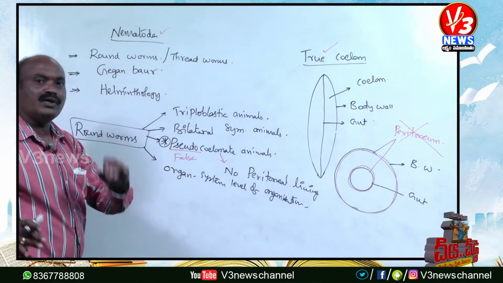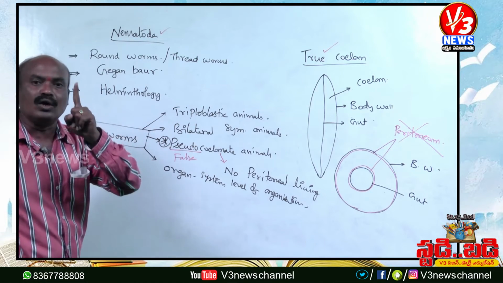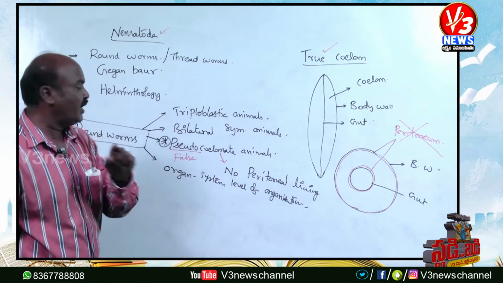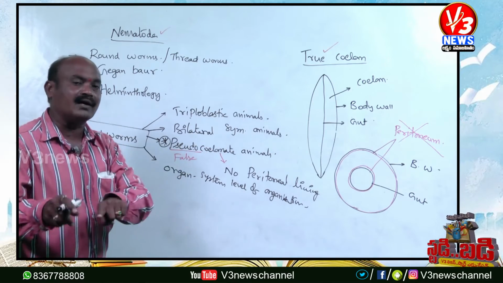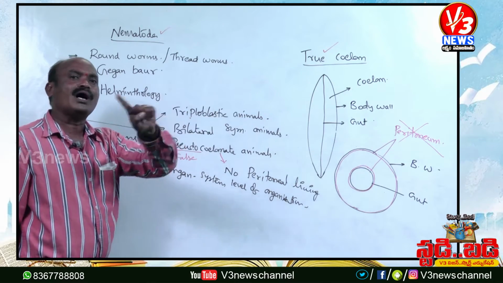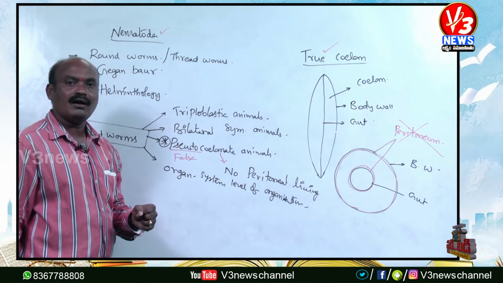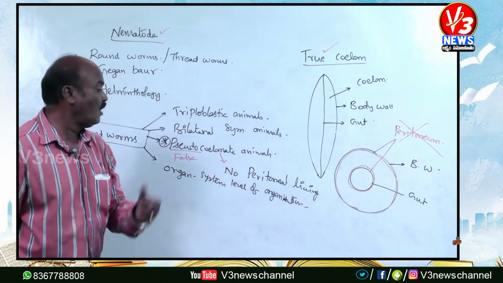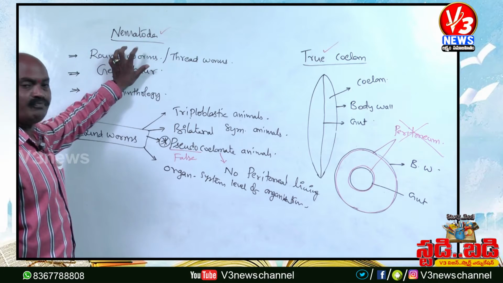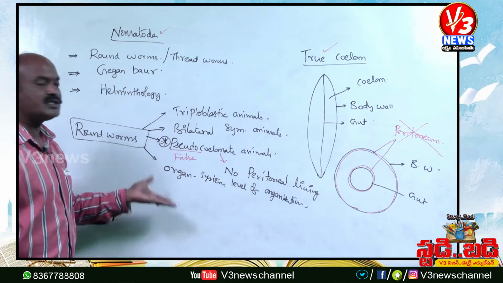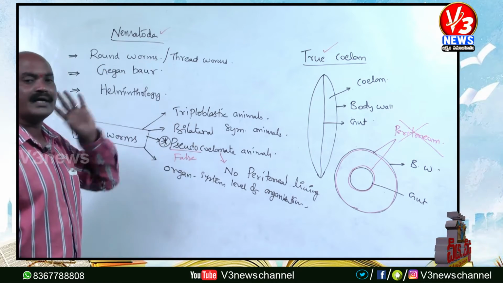So between flatworms and roundworms, in these four characters, only one character differs. Triploblastic, bilaterally symmetrical, unsegmented acoelomates are the flatworms. Triploblastic, bilaterally symmetrical, unsegmented pseudocoelomate animals are the roundworms. The common character is that both show organ system level of organization.